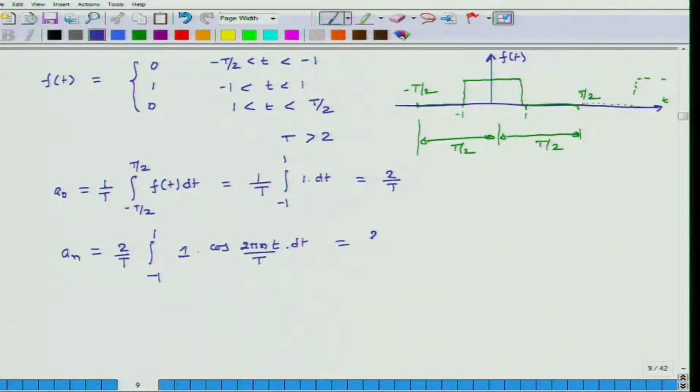So what I get is 2 over T, integral of minus 1 to 1 of cosine 2 pi n t over T dt.